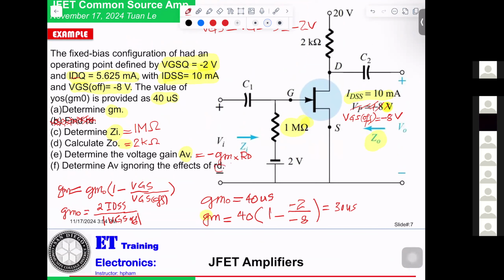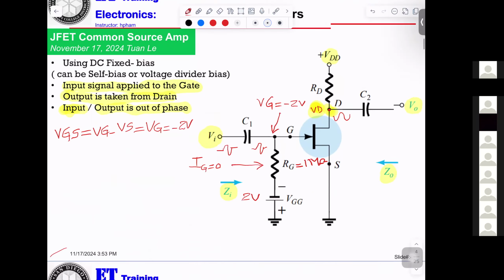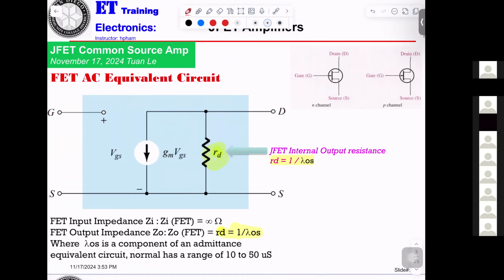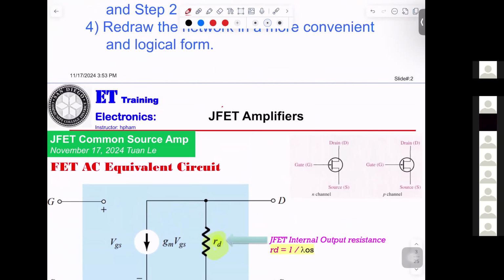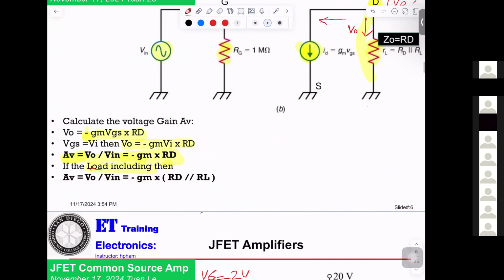Internal resistance, yeah. Can you go back to that? Right here, right? No, no, no. The other way. You're going the wrong way. Okay, I'm talking about RD first. I know, Mr. Pham, but when I asked the question, you scrolled. You went away from what I was talking about.